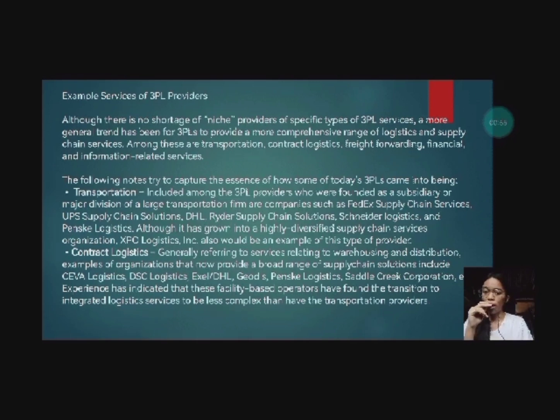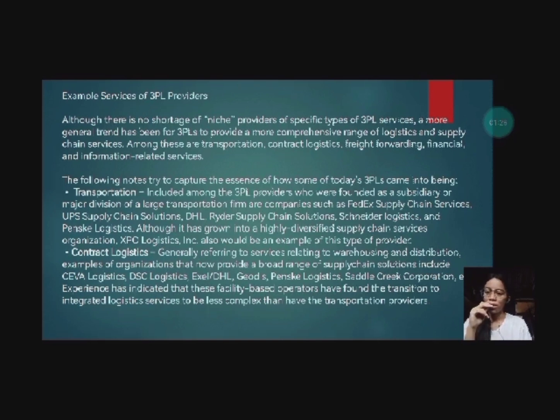Although it has grown into a highly diversified supply chain services organization, XPO Logistics Inc. would also be an example of this type of provider. So this transportation 3PL helps move goods efficiently from one place to another, handling the logistics of shipping.